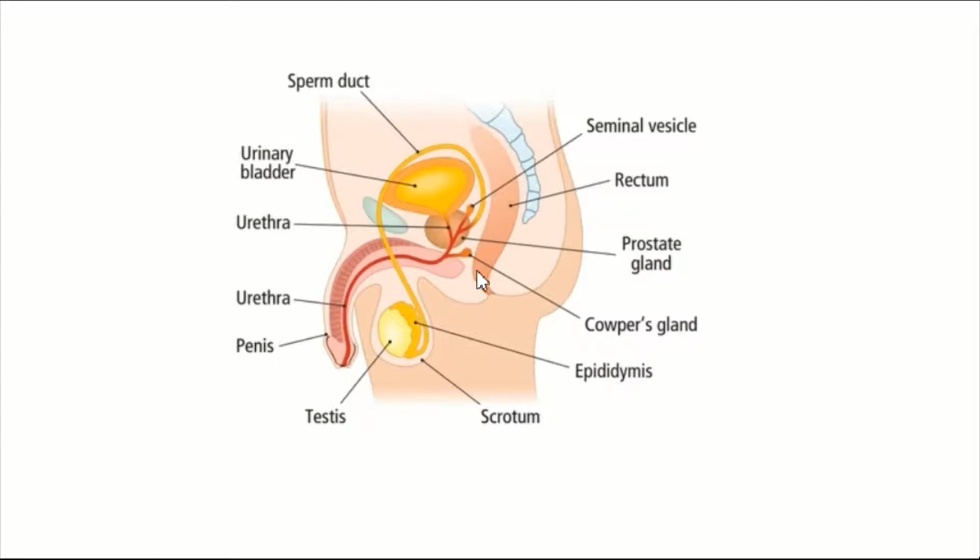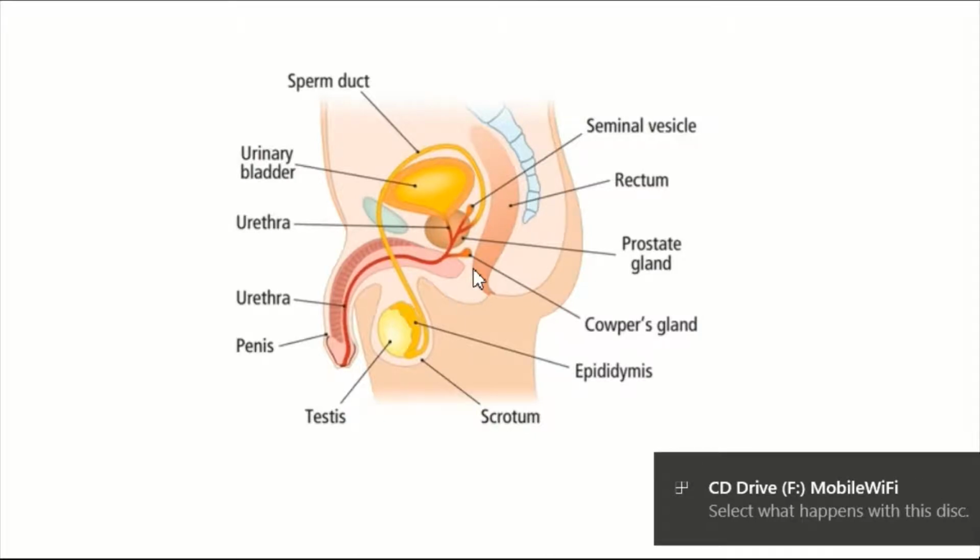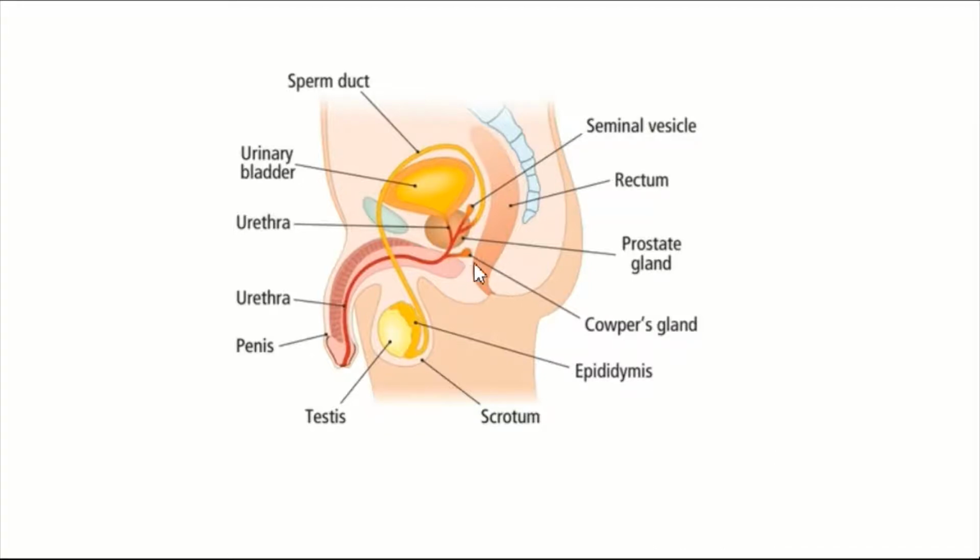And then lastly, on the glands, we have what we call the Cowper's gland. The Cowper's gland also produces mucus, a fluid form of mucus. This mucus will allow the sperm cells to move around, as it is slippery, so they can move around the female reproductive organ, which we will look at shortly.